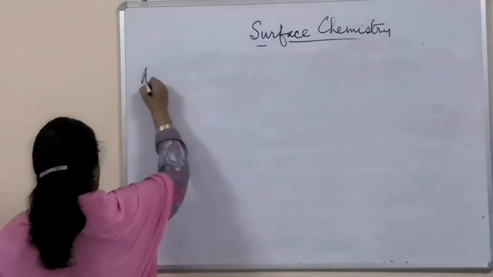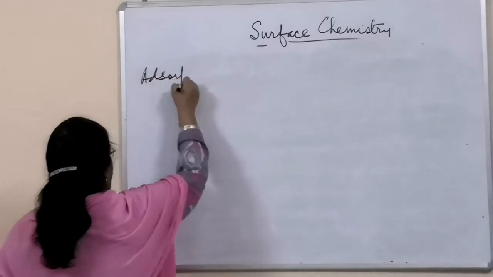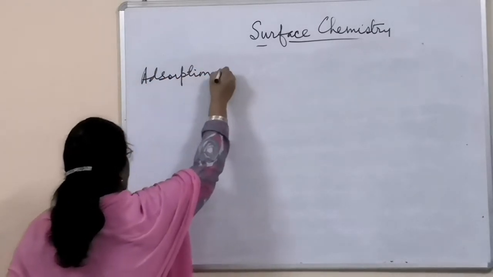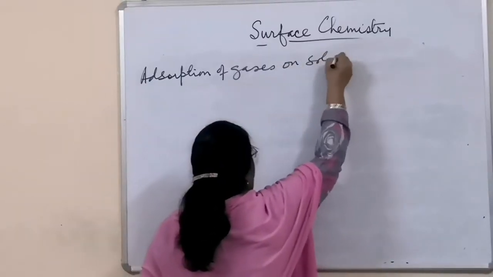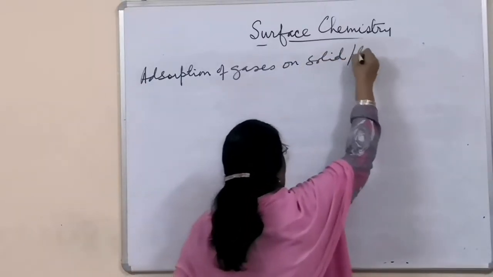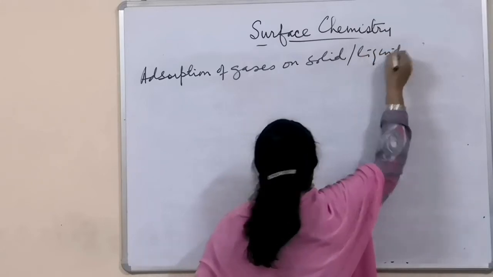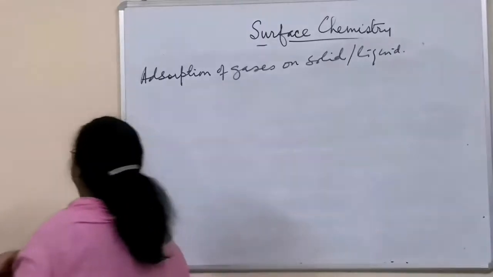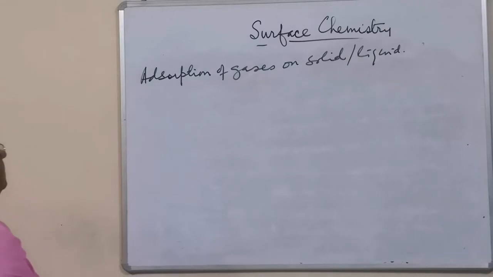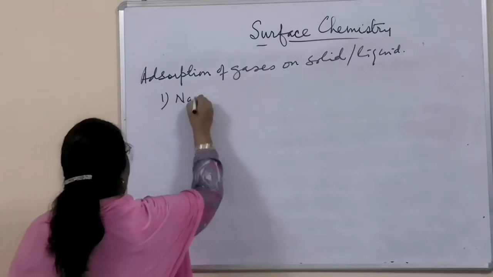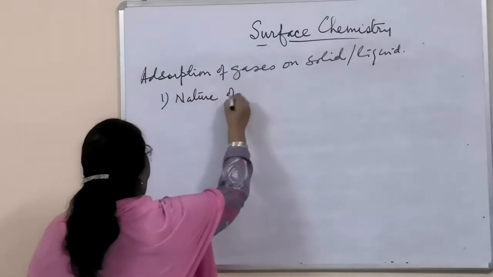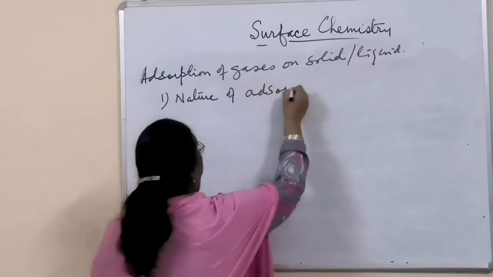Okay. Now we will go to the next part. Adsorption of gases on solids or liquids. So we will see the factors on which this adsorption of gases depends. The first factor is the nature of the adsorbent.